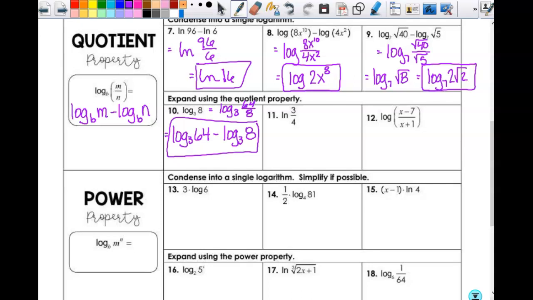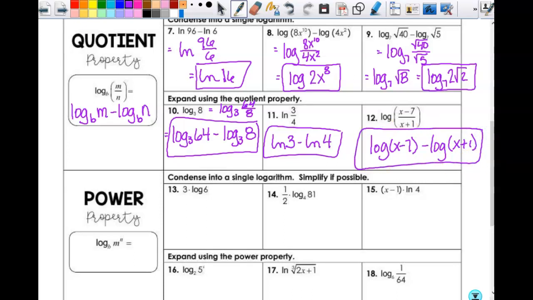All right. Then 11, natural log of 3/4 could very easily become the natural log of 3 minus natural log of 4. And here, log of x minus 7, got to have parentheses there, minus the log of x plus 1.